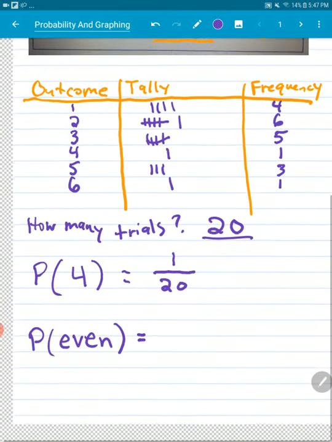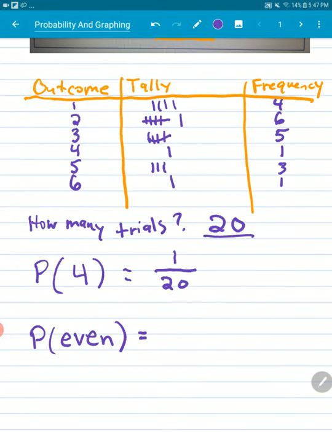Now I want to take it one more level. What's the probability that an even number was rolled using this experimental data? Again, we know that there were 20 trials in total. The even outcomes are 2, 4, and 6. So 2 was rolled 6 times, a 4 was rolled 1 time, and a 6 was rolled 1 time.